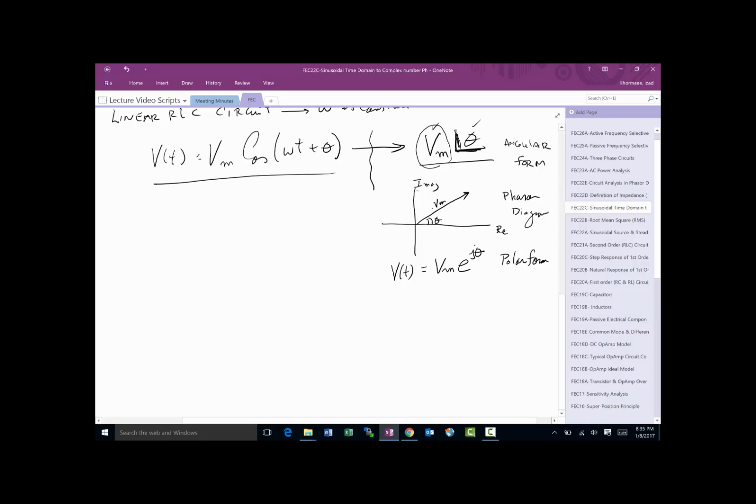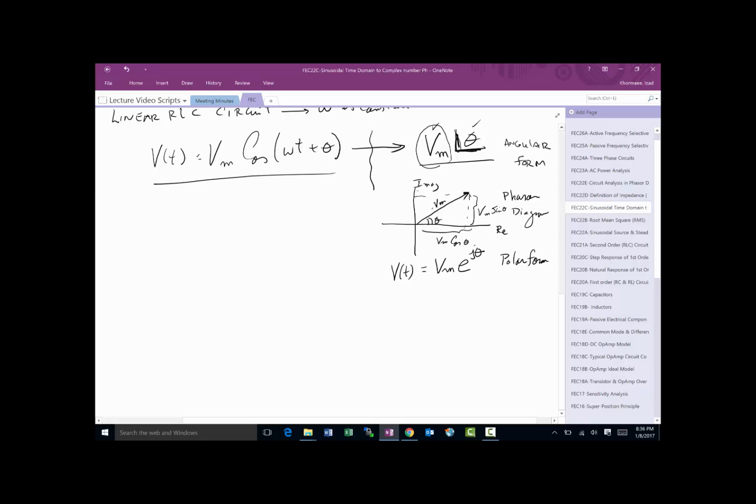The one other way you can represent it is by its imaginary and real portions. Using your trig knowledge, you will see that this is Vm times cosine of theta, and this is Vm times sine of theta.